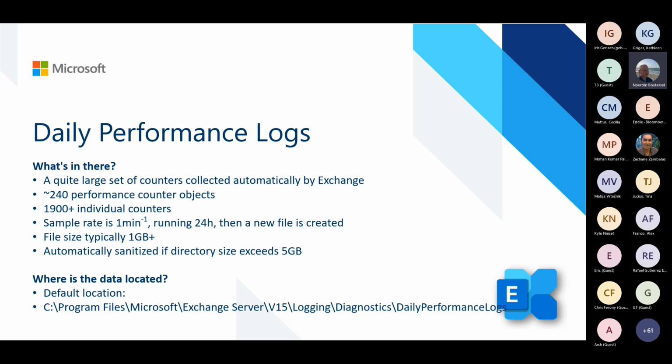Exchange does that for you. There's a lot of counters, depending on how many databases you have, I would assume at least 1800 to 1900 or more. We sample with 1 update per minute, and we keep that running 24/7.